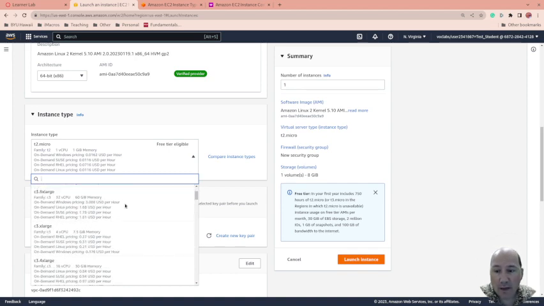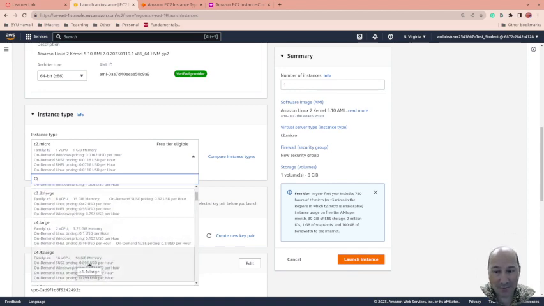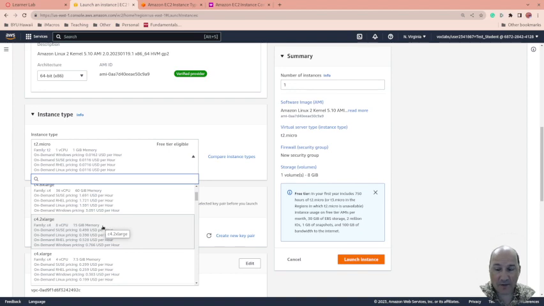Others of them have a lot more CPUs and memory. Some of them are set up for large amounts of network traffic. Others not so much. Some of them have GPU capabilities, lots of the GPU versus CPU.